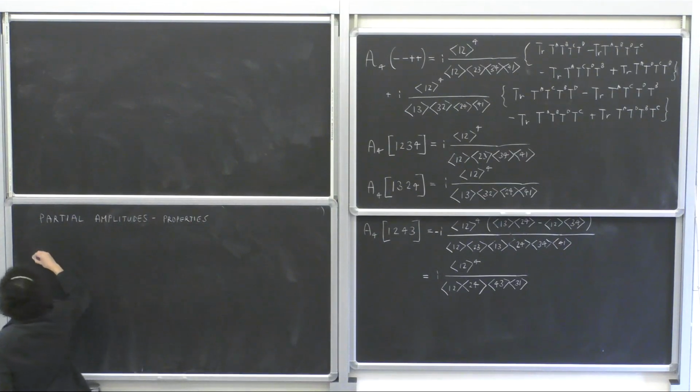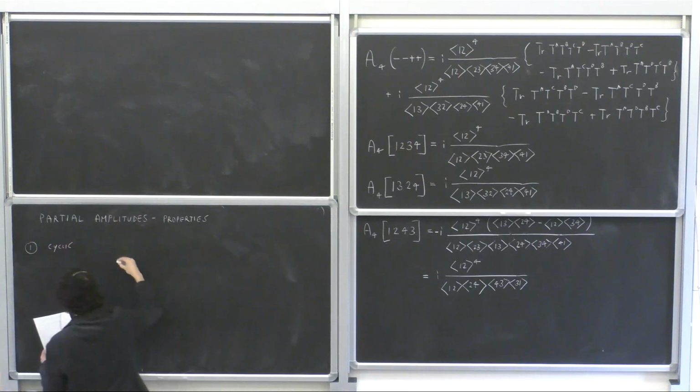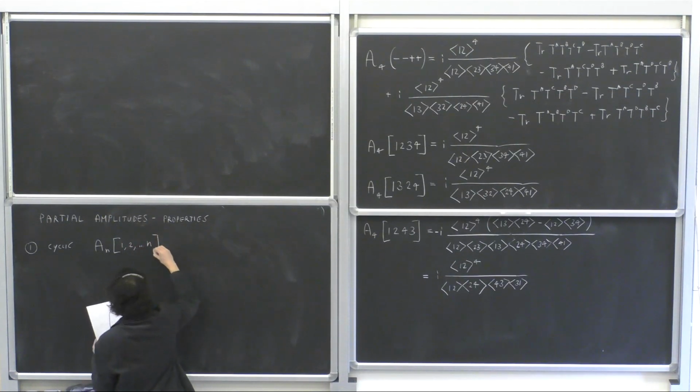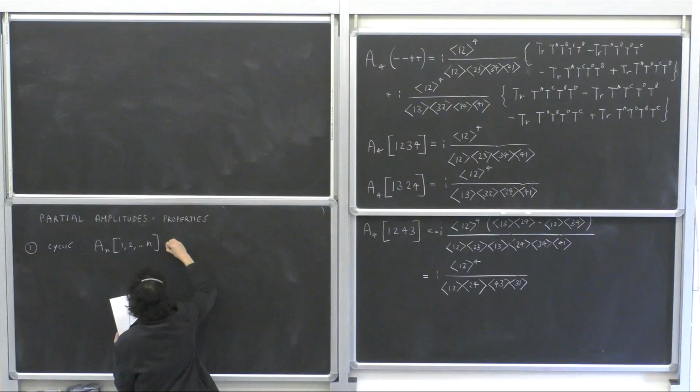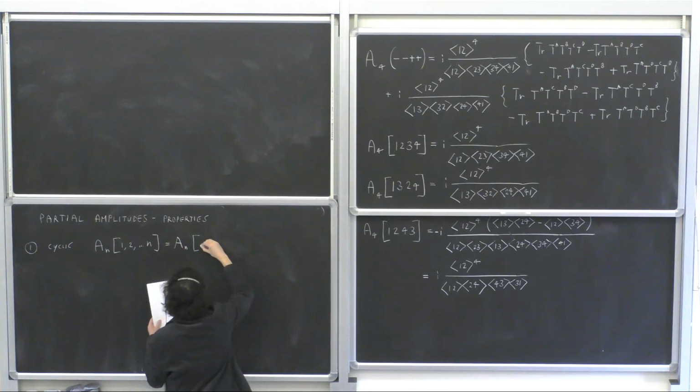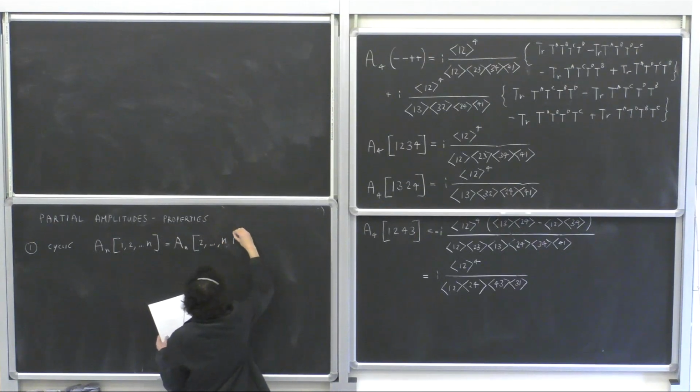So the first would be cyclic symmetry in the sense that if we have an amplitude for 1, 2, up to n, or any permutation thereof, it is just equal to the same, but with 2 and 1.